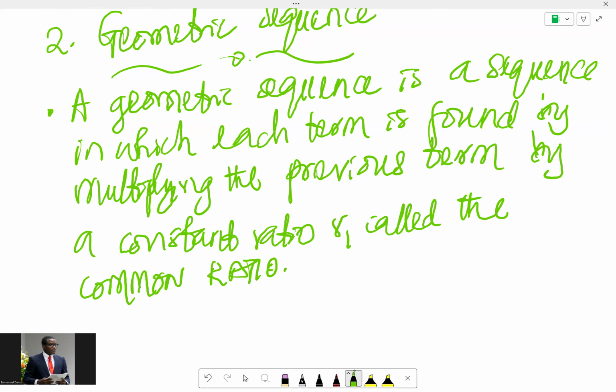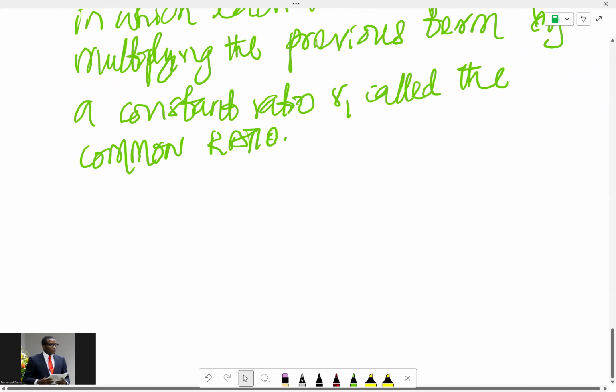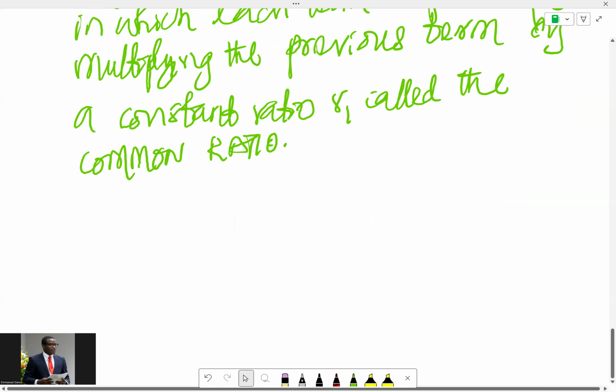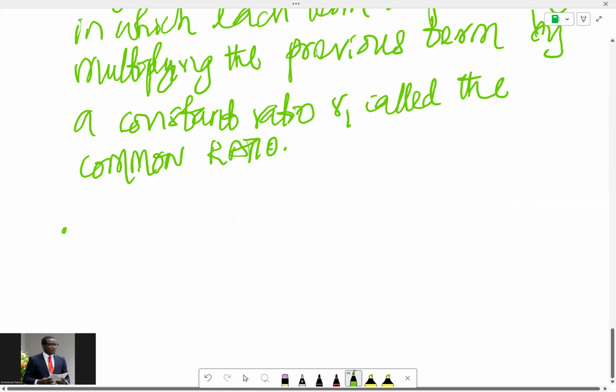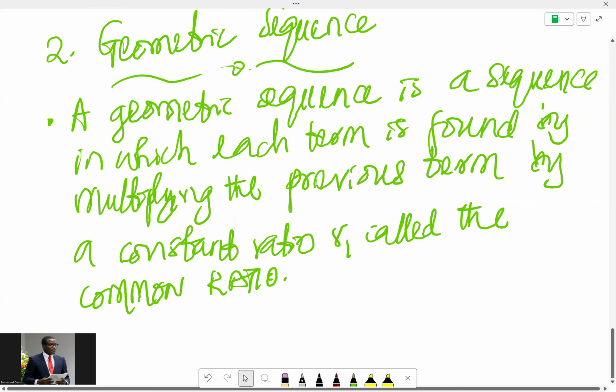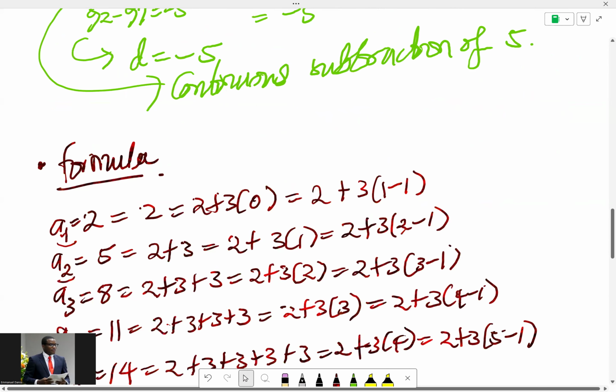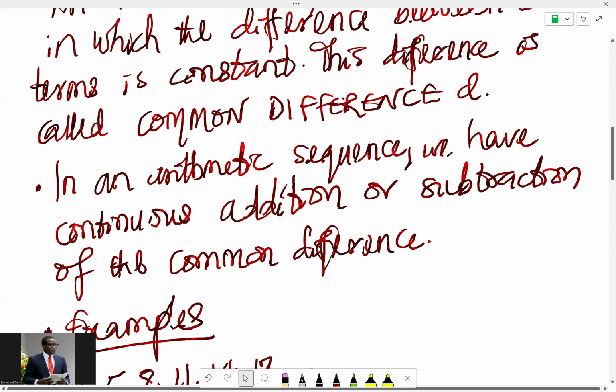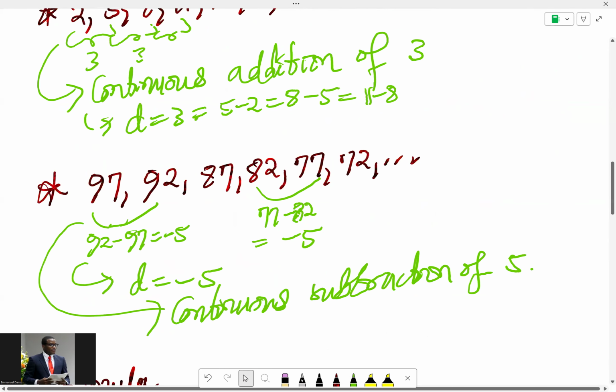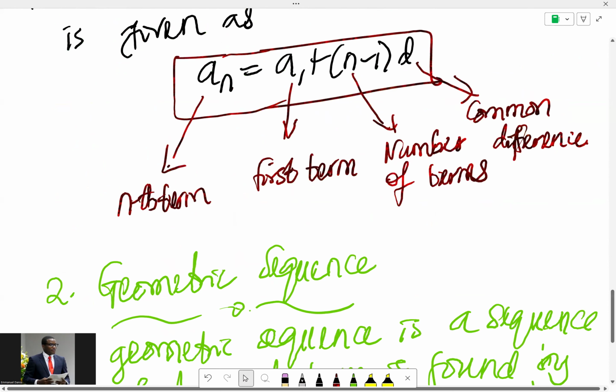Okay, that goes. And then we can easily see, just like in the case of an arithmetic sequence, where we have continuous addition or subtraction, when you say multiplying, it could be multiplying by a fraction or by a whole number.